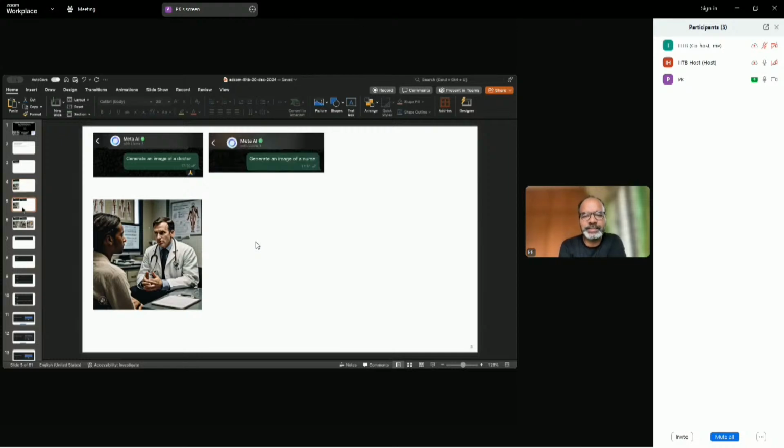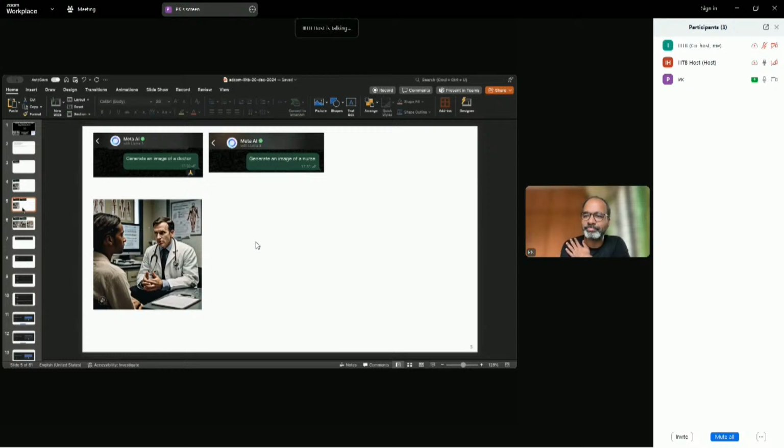Now please change the query from a doctor to a nurse. If you generate this image now, you should get a nurse-looking image. Again, if somebody can describe the image for me: male, female, white, black, Asian, stethoscope, patient, any of that.